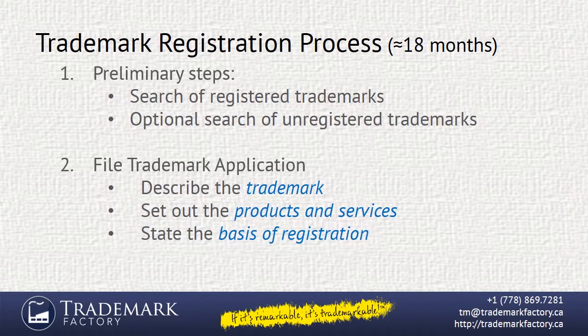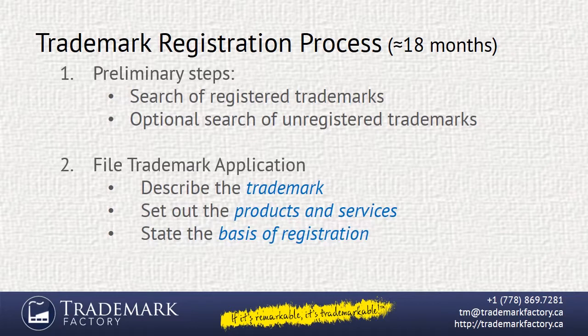You would file your trademarks with the use in Canada basis if you're already using your trademark in Canada. I explained the meaning of the word use in trademark context in one of the previous videos, but to recap, a trademark is used in association with products if you place it on your products or their packaging. And it's used in association with services if you display the trademark while rendering or advertising the services.